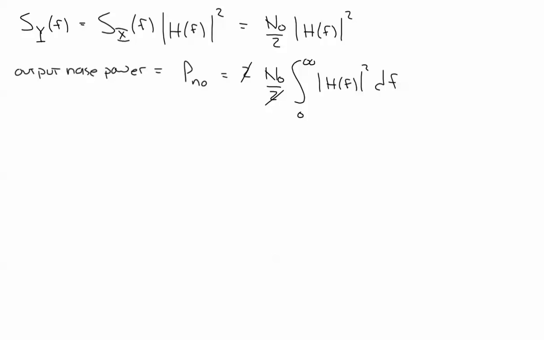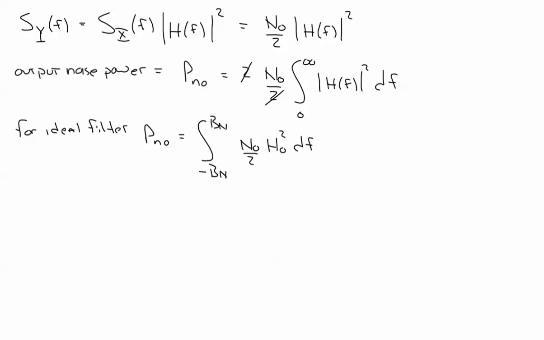For my ideal filter, the output noise power will be the integral from negative B sub n to B sub n of N0 over 2 times H0 squared df.